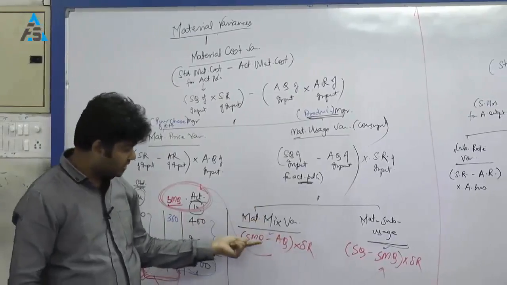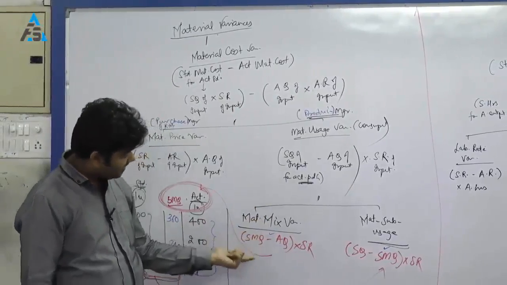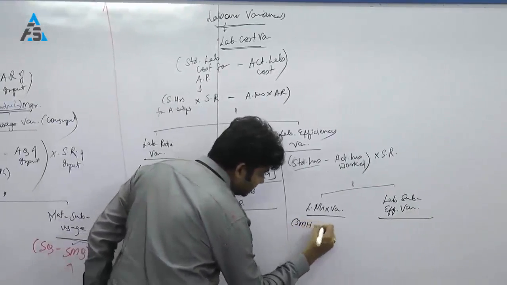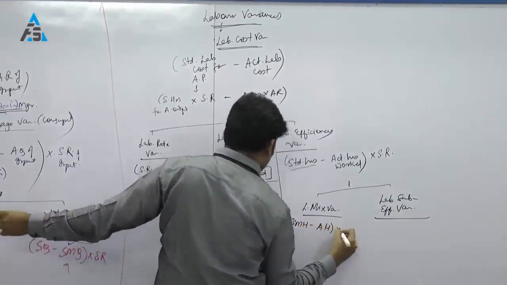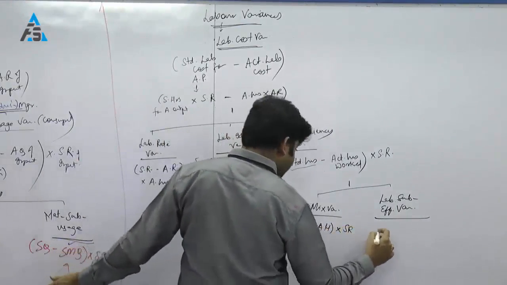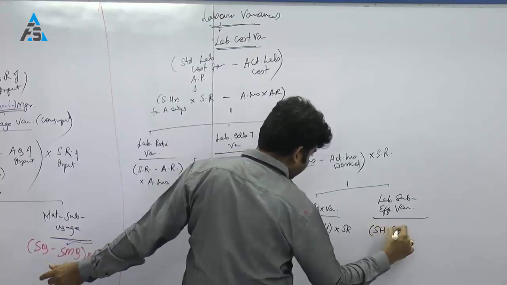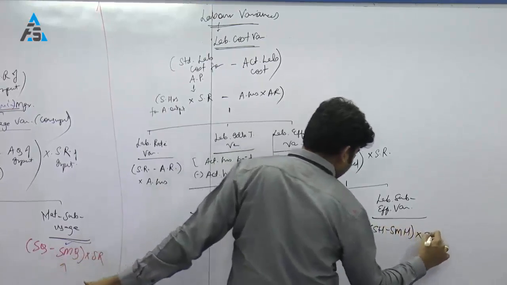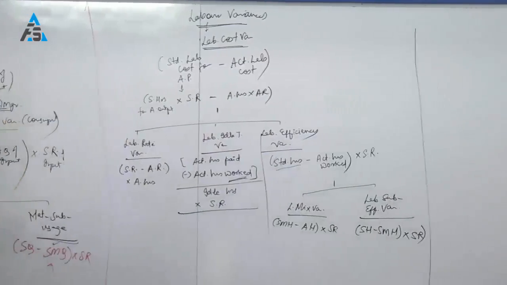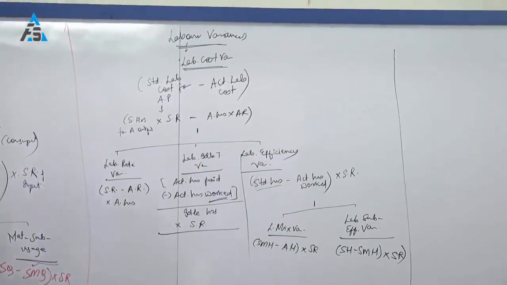There it was SMQ; here it will be SMH minus AH. So standard mix hours minus actual hours into standard rate, whereas here it is going to be standard hours minus standard mix hours into standard rate. So this is how my whole labor variance looks.